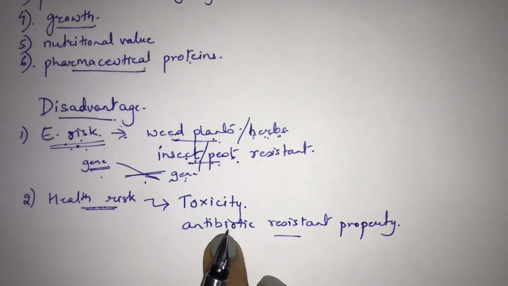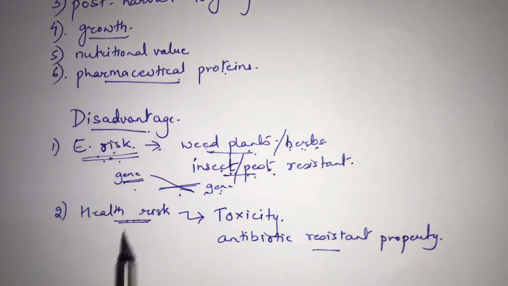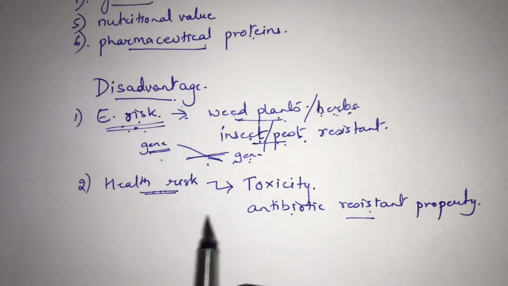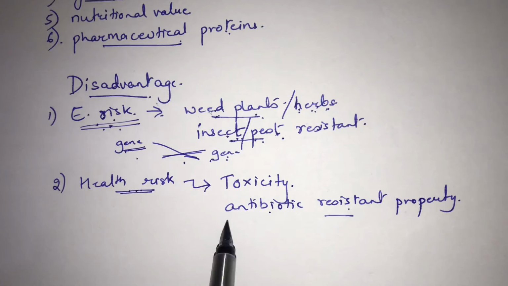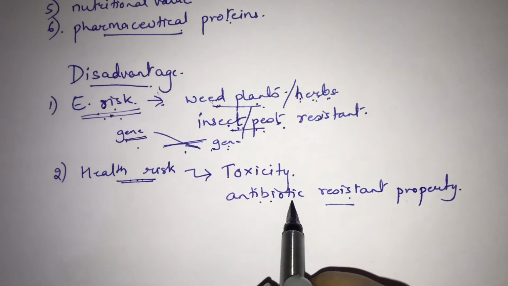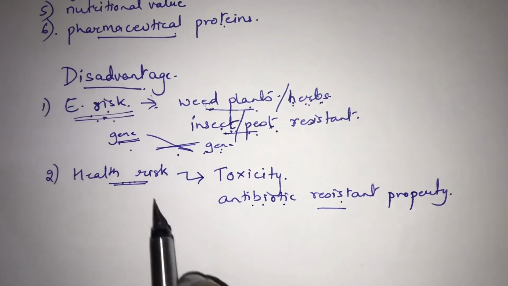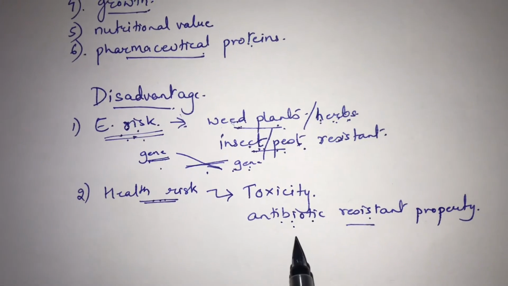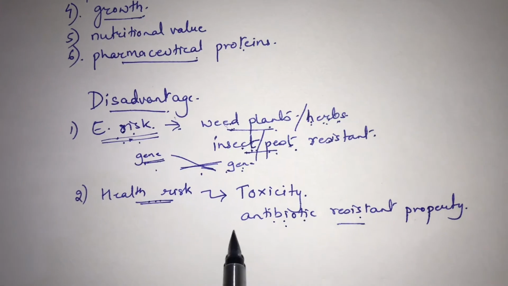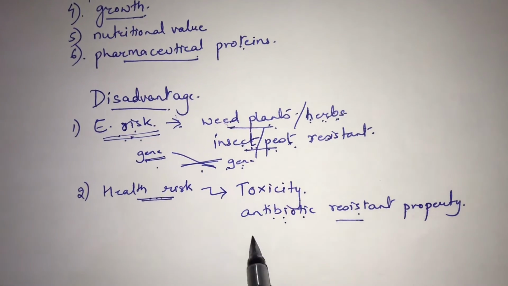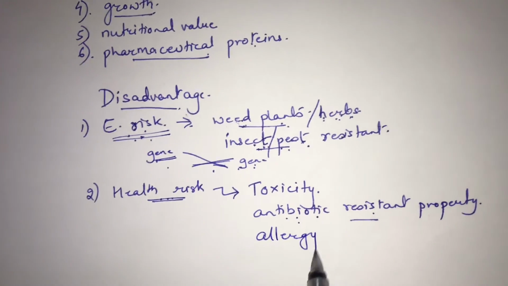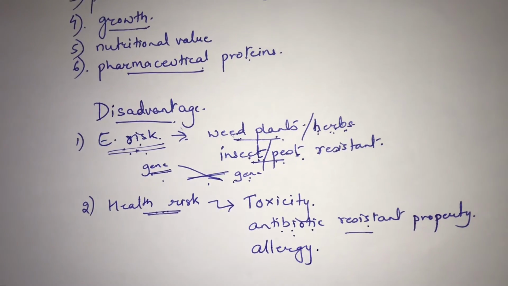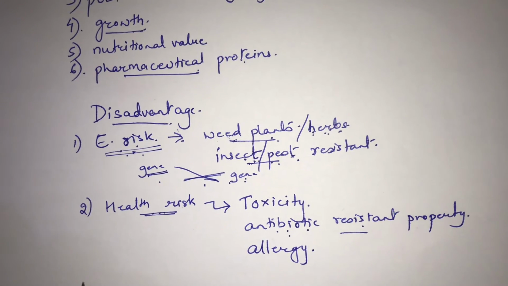Then the crop can tolerate antibiotics. If we consume that crop, it is rich in antibiotics, because the plant will not die, it is resistant, so it may have antibiotics but will not die. If we consume the same crop, it can cause allergy to human beings. So that is another risk.